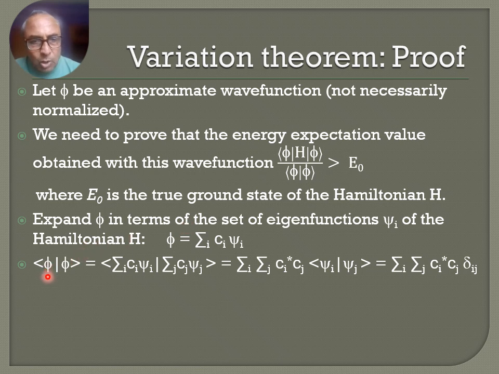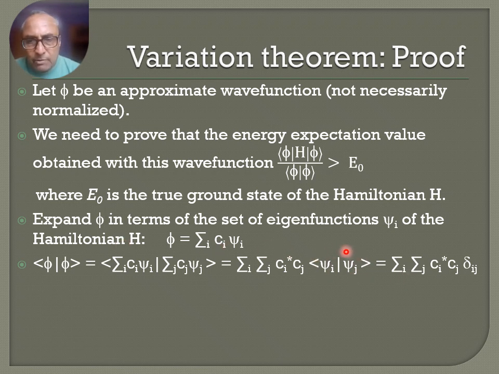So now the norm bra phi phi ket is equal to bra sigma i ci psi i sigma j cj psi j ket, which is equal to, taking ci and cj outside the bracket, since they are just numbers, sigma i sigma j ci star cj bra psi i psi j ket. Remember that in the bra, the ci has to be complex conjugated.